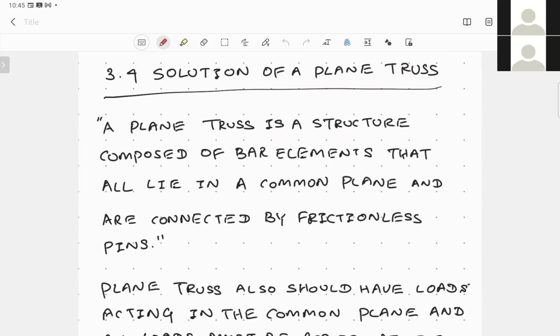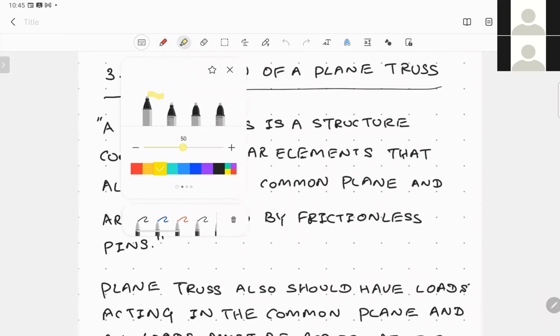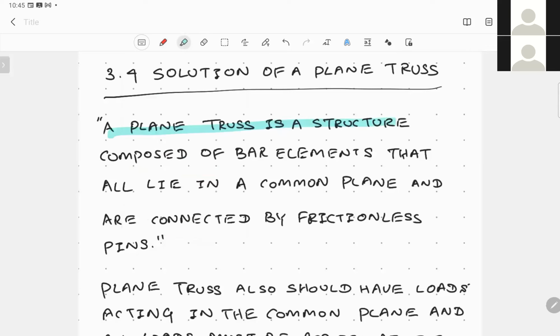Let's now apply the concepts that we learned and analyze a plane structure made out of trusses. What is a plane truss? A plane truss is nothing but a structure which is composed of prismatic, linear elastic bar elements, which all lie in a common plane.